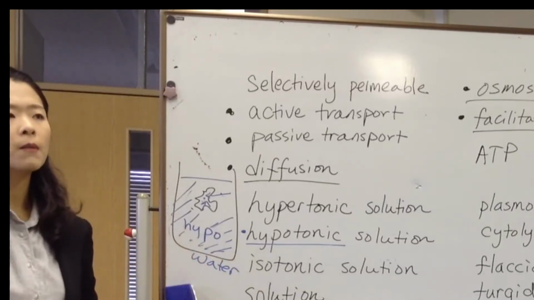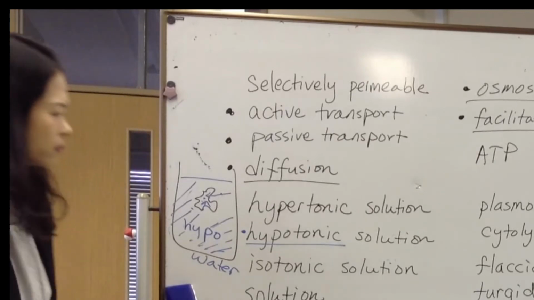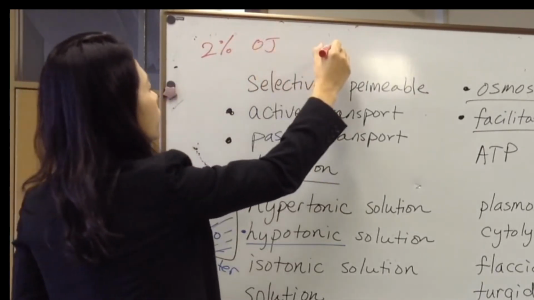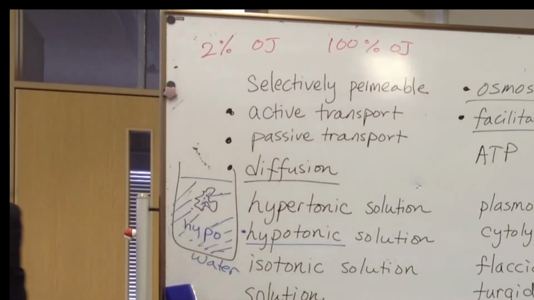Okay, if we were to compare this with numbers, because it's easier to see with a number, 2% OJ, orange juice, versus 100% orange juice. Which one is greater, the strength of the concentration? 100% orange juice, right?